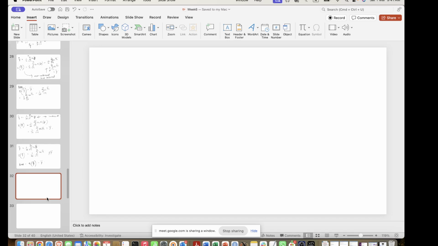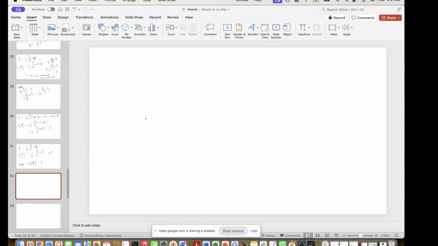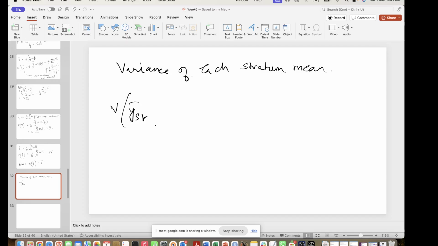And if you want, this one you will call y bar st, and the variance of each stratum mean would be the variance of y bar, let us call this stratified.